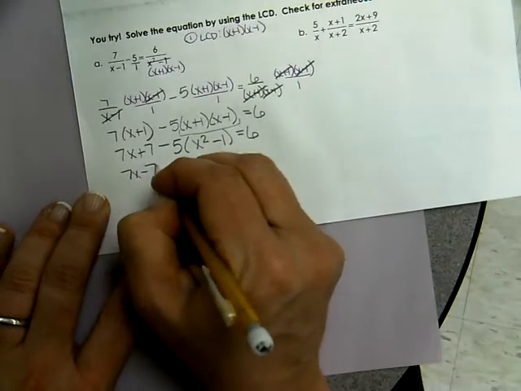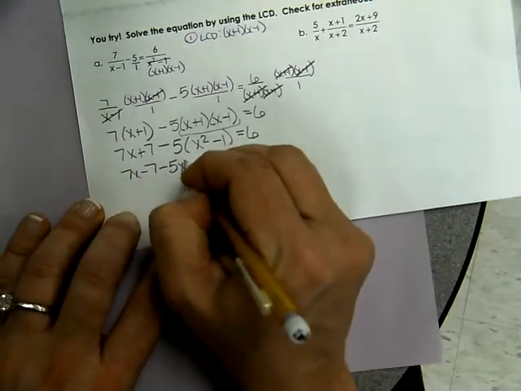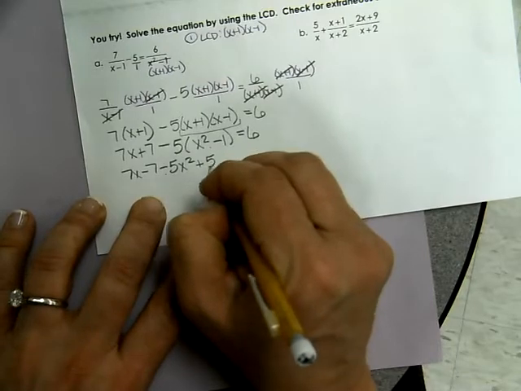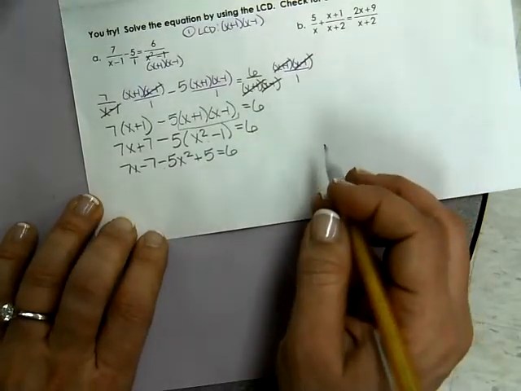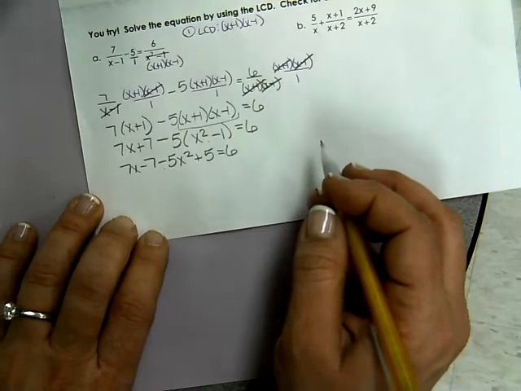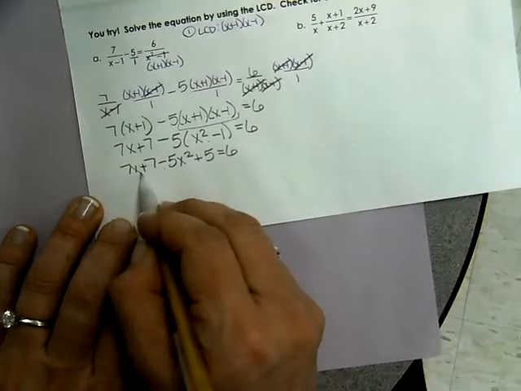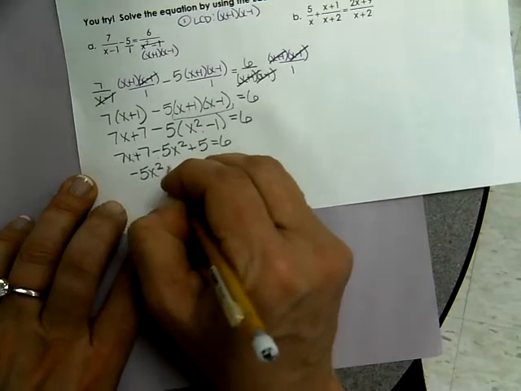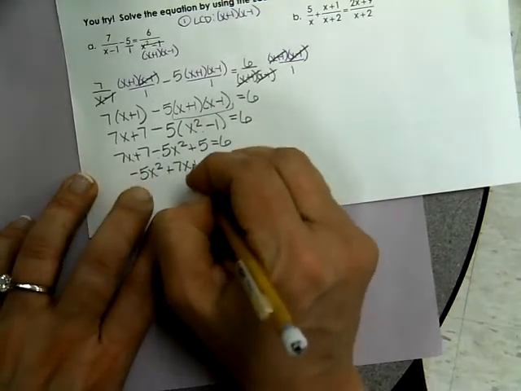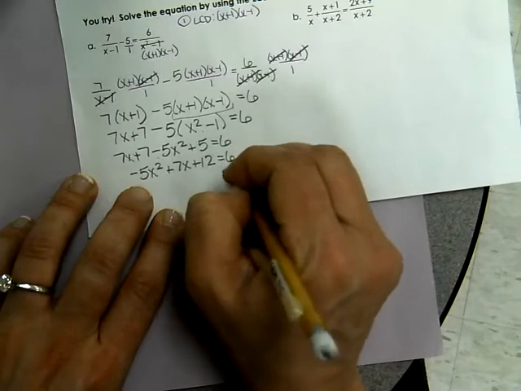Now I would distribute that negative 5. So negative 5x squared plus 5. I could combine... oh, this was a plus 7, my bad. So then I can combine like terms, negative 5x squared plus 7x plus 12 equals 6.